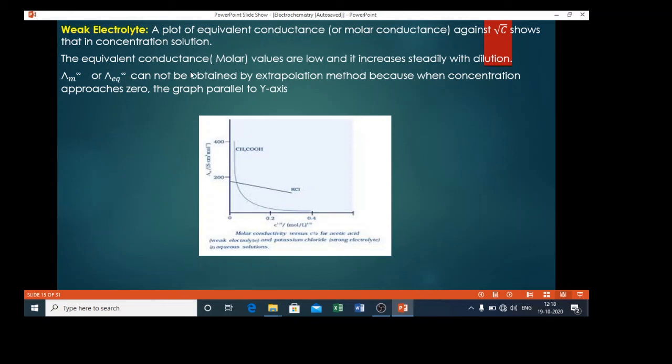The conductance values are low in concentrated solution and increase steadily with dilution. Lambda m infinity or lambda eq infinity cannot be obtained by the extrapolation method, because when the concentration tends to zero, the graph is parallel to the y-axis.